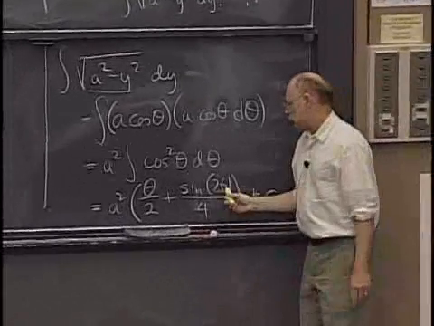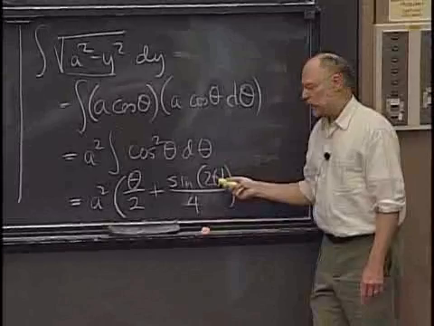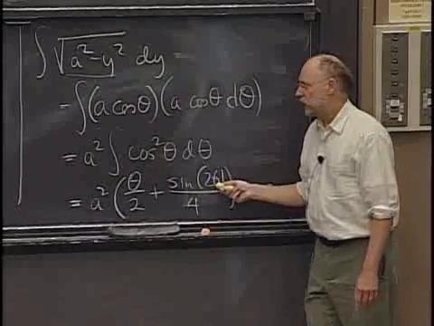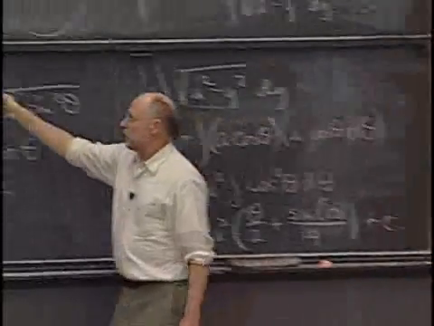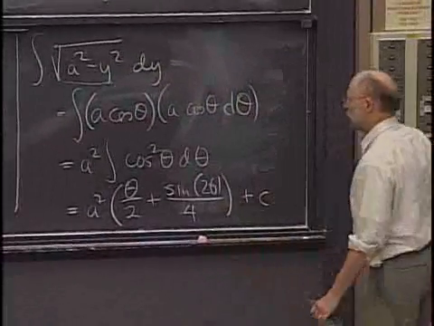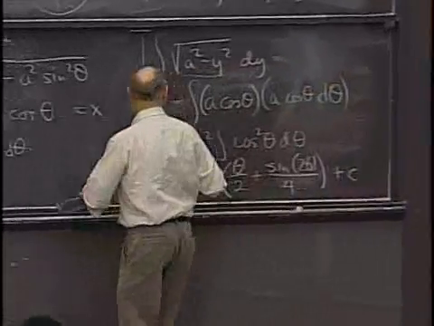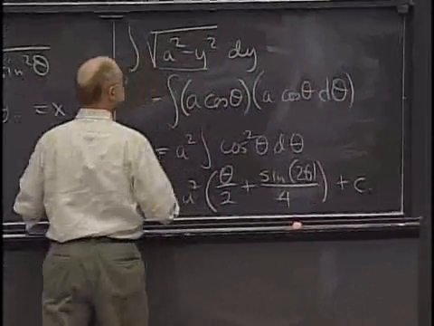In doing that, it's going to be useful to rewrite this expression and get rid of the sine of 2 theta. After all, the original y was expressed in terms of the sine of theta, not the sine of 2 theta. So let me just do that here.